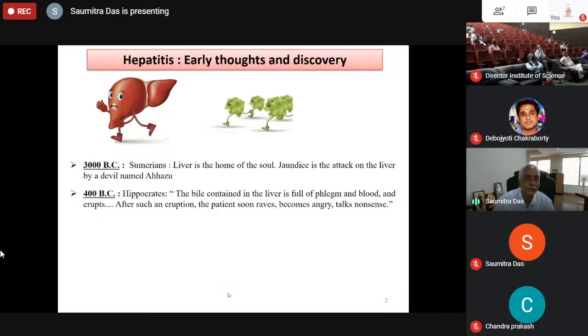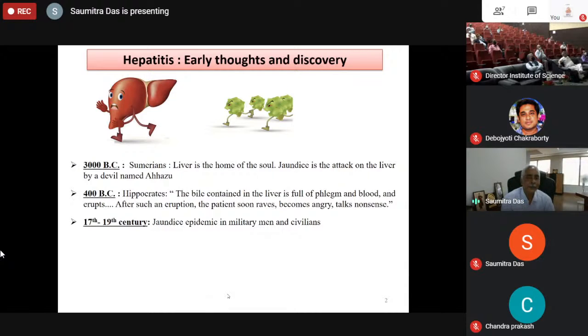And in 400 BC, Hippocrates mentioned that the bile contained in the liver is full of flame and blood and erupts, and after such an eruption, the patient wakes and becomes angry and talks nonsense.